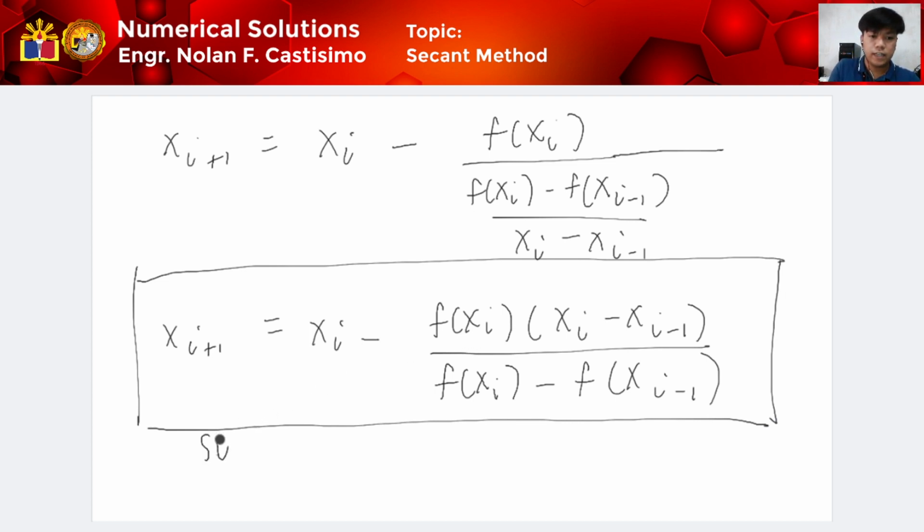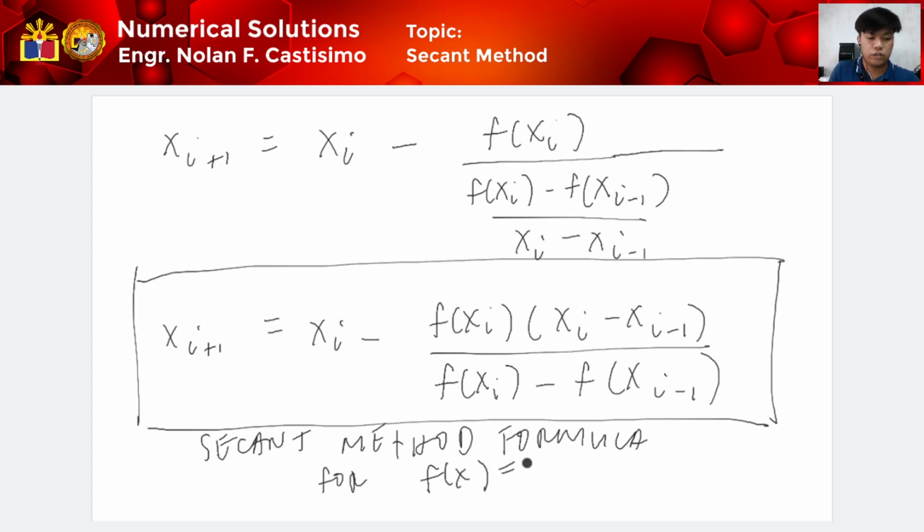This is the secant method formula for f of x equivalent to 0.